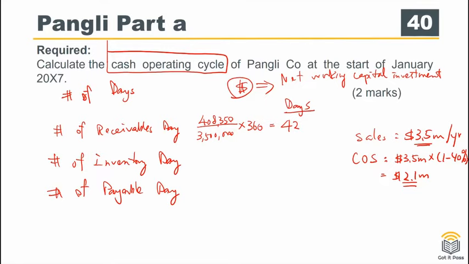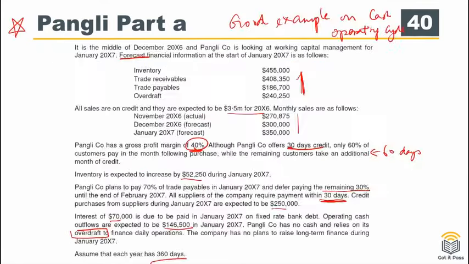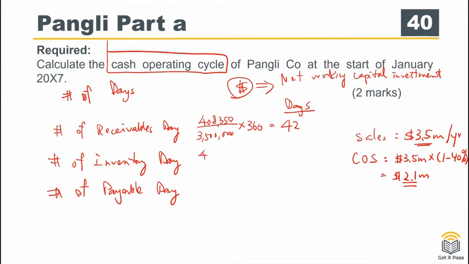For inventory days at the start of 20X7, it is 455,000 divided by cost of sales, which is 2.1 million, times 360 days.